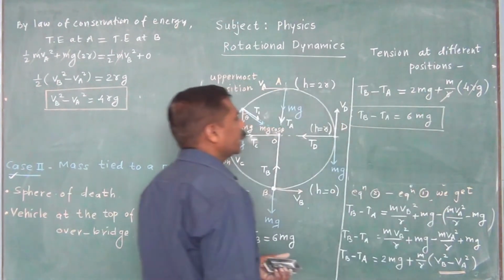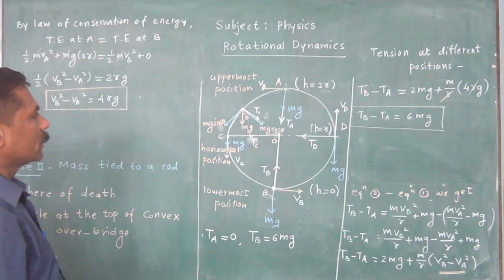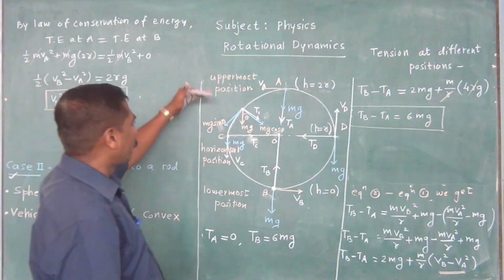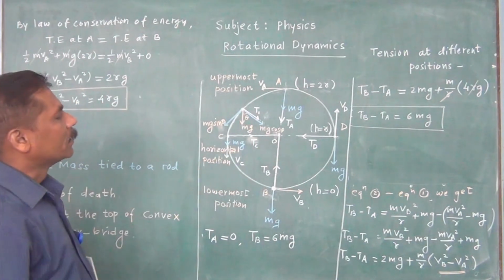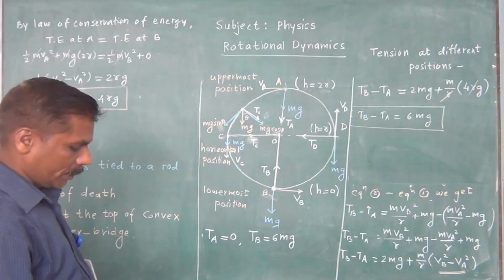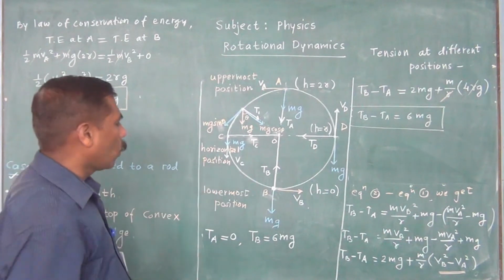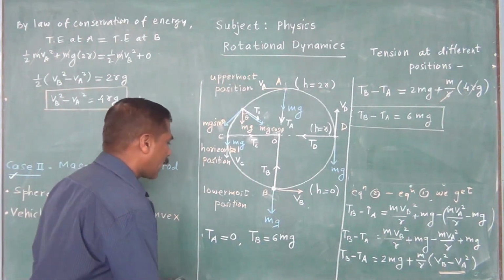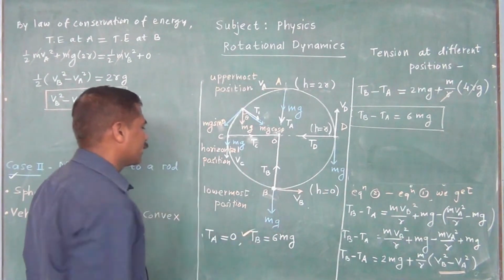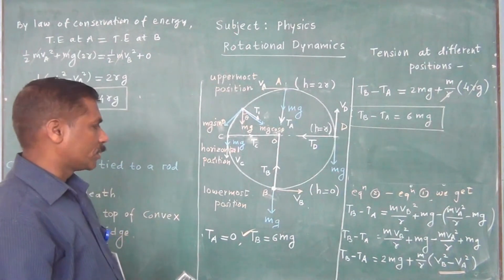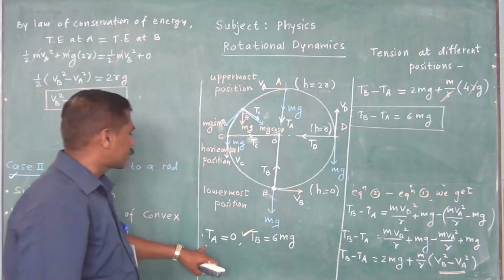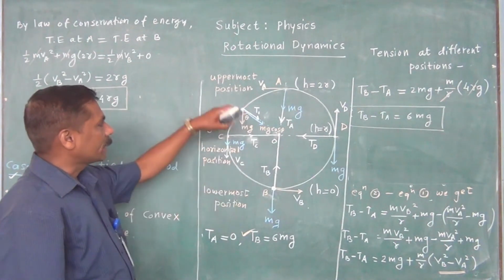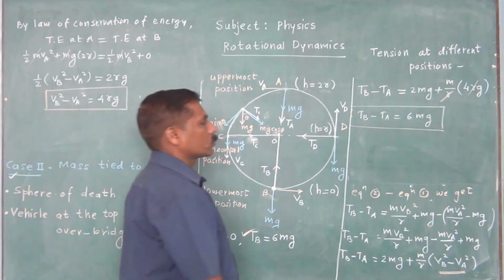This is a very important relation: the tension difference at the uppermost position and the lowermost position is 6 times mg. From this relation we can show that Tb is equal to 6 times mg, because in this relation Ta is taken as 0, that is the tension at the uppermost position.